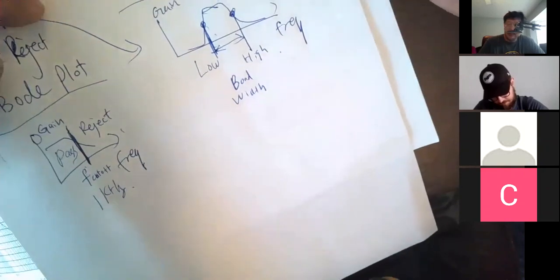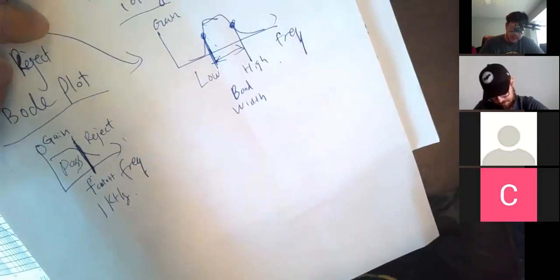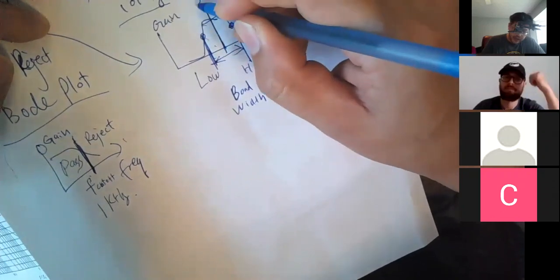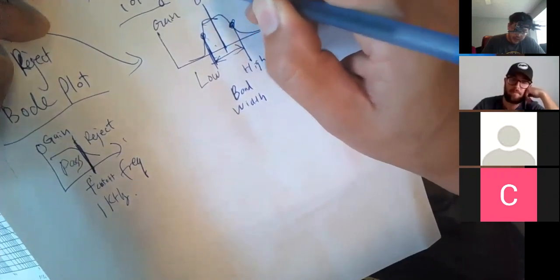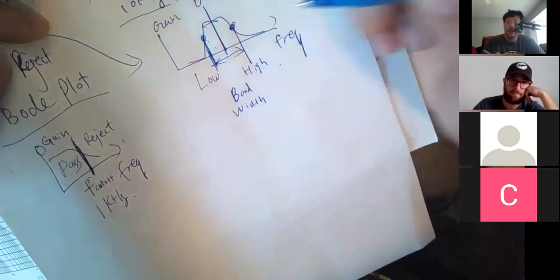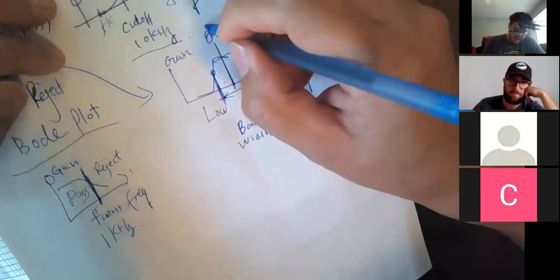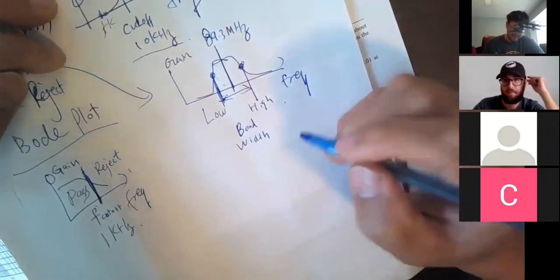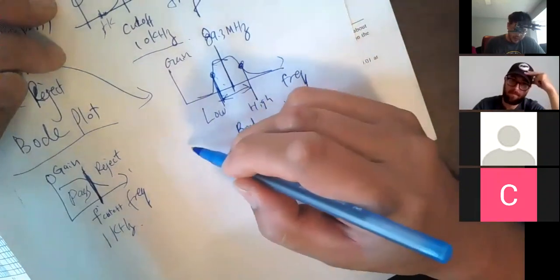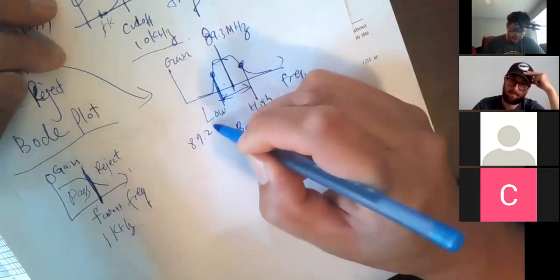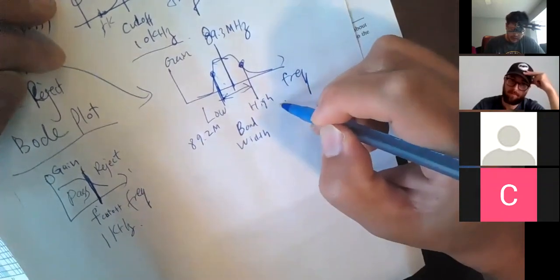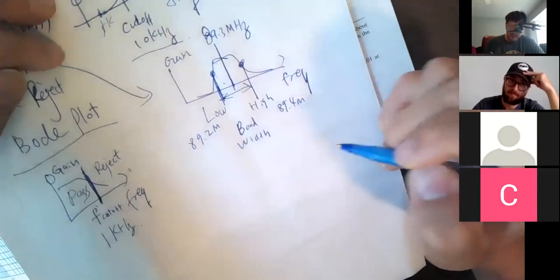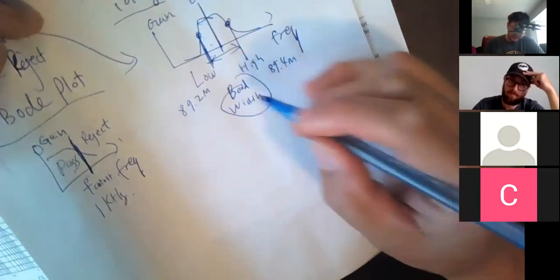Let's give an example of a bandpass application. Let's assume I'm listening to a station called 89.3 megahertz. That's a station. Low cutoff is 89.2 megahertz. High cutoff is 89.4 megahertz. So what is the bandwidth?